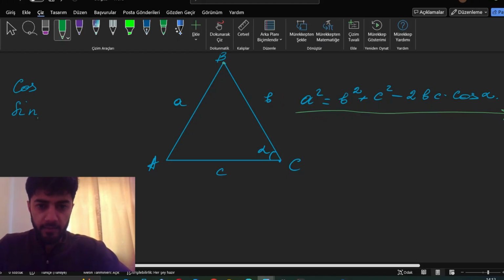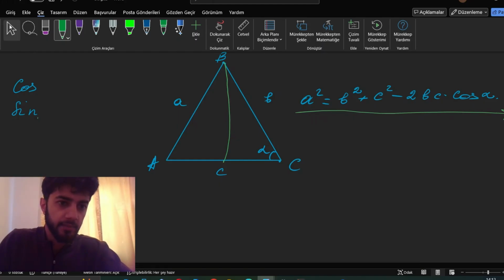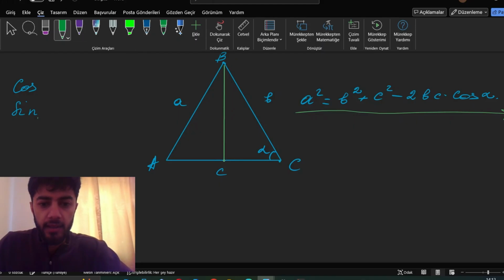Let's start. Let's draw a height from the point B to the side C. That's not a good try. Let's give it a chance again. Something like that. Let's call it H. And can we find the length H by using the side B, that's the hypotenuse, and the angle alpha?